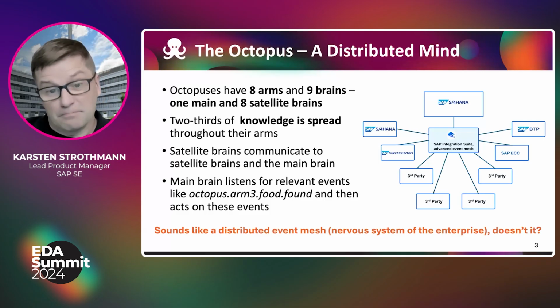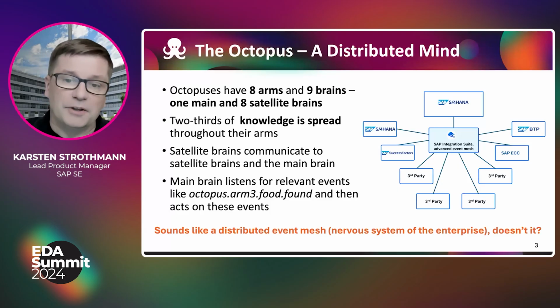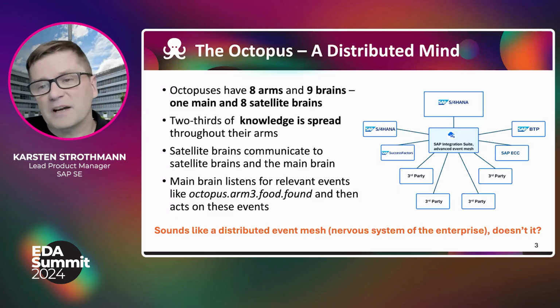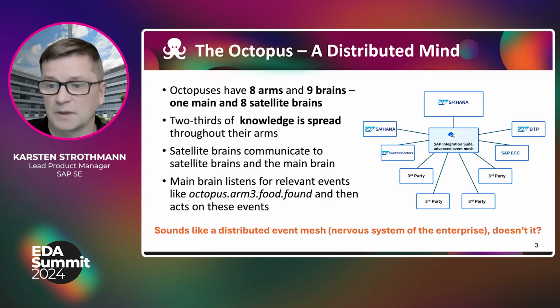It does remind me, and probably you as well, a lot of an event-driven architecture, an event mesh actually, the nervous system of the enterprise. And that's really what it is. If you look to the right-hand side, where I have organized some of SAP's backend systems, business applications, some third-party components as well. You could replace third-party with Kafka or with Salesforce, for example.